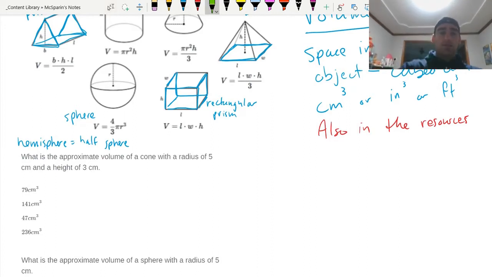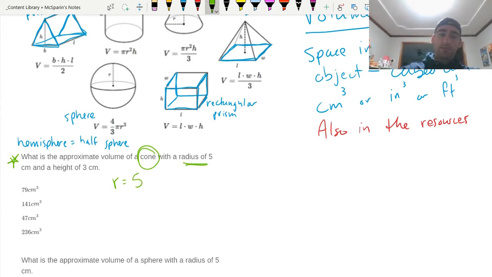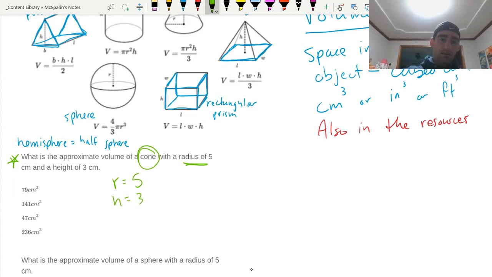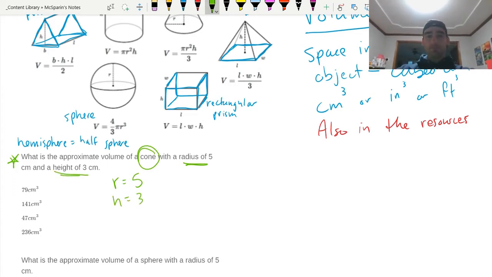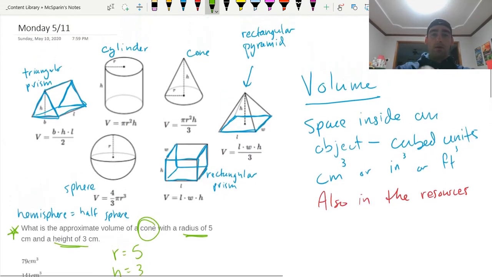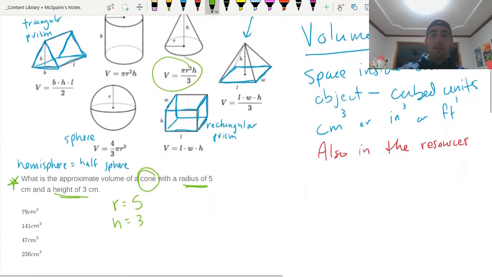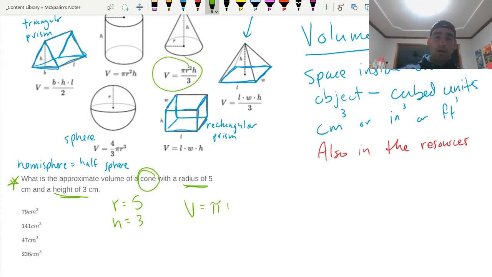Okay, so let's use green. What is the approximate volume of a cone with a radius r equals 5, that's this piece of information, and a height of 3, that's this piece of information. So I'm going to go up here to my cone. I'm going to take this equation, v equals pi r squared times height over 3.